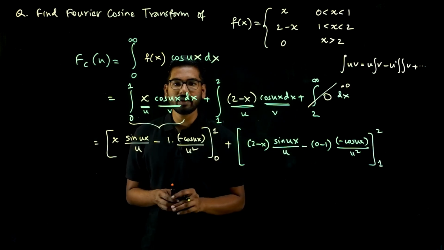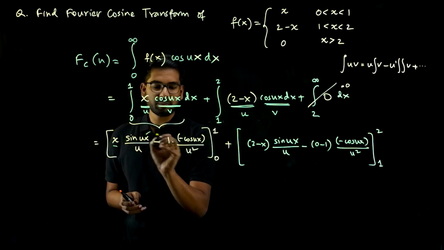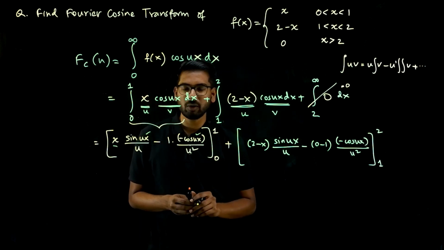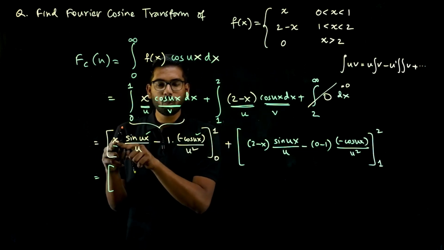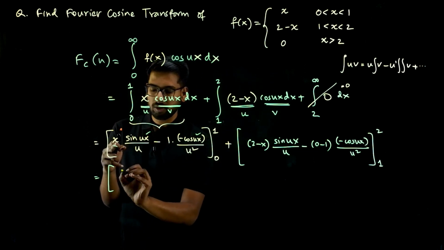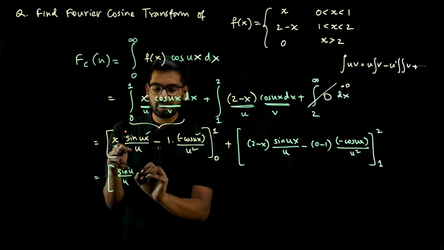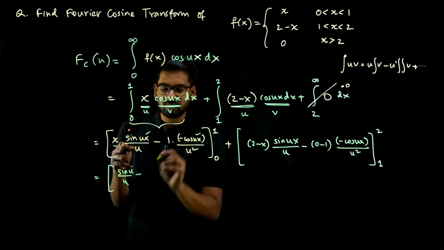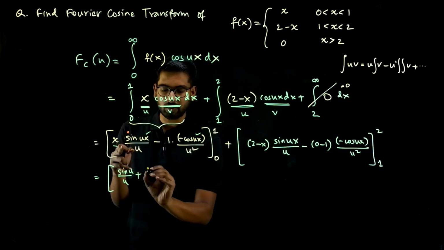Now we need to evaluate the limits of integration. How will we do that? In place of x, substitute the upper limit 1 and the lower limit 0. Substituting 1, this will be 1 times sin u by u, so that is sin u by u, right? Minus into minus is plus, so cos u times 1 is cos u by u square.